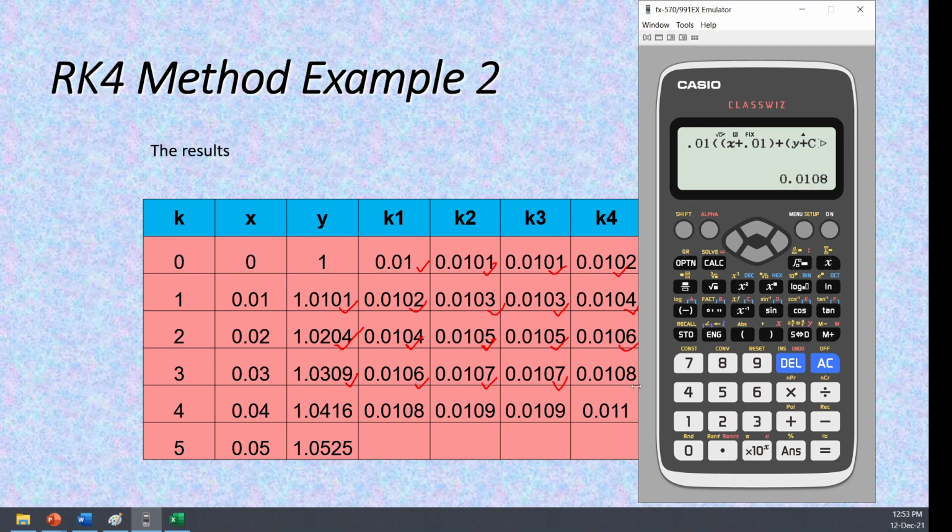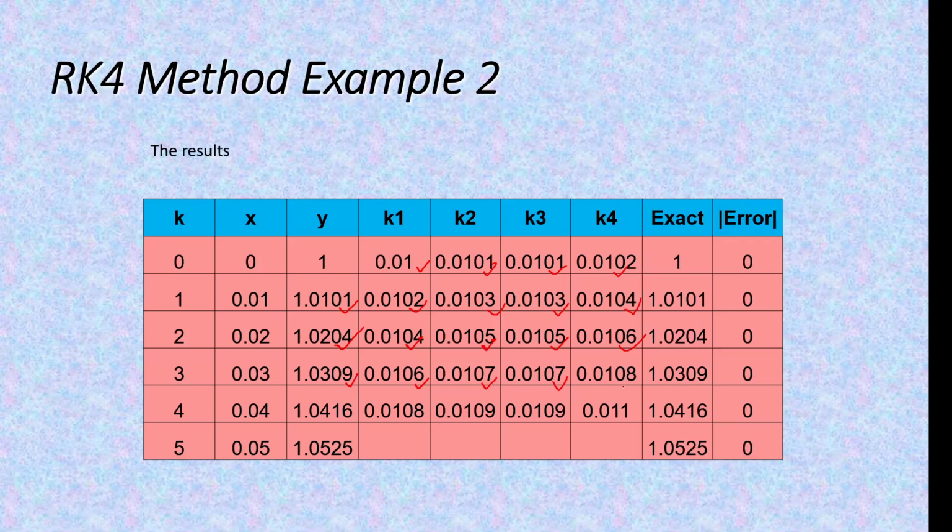So 0.0108. Okay, in this case, because the function is simple, x plus y. Sometimes you have very long expressions, functions. So some formulas will be missing because of limited memory, I think. Some formulas will be missing.